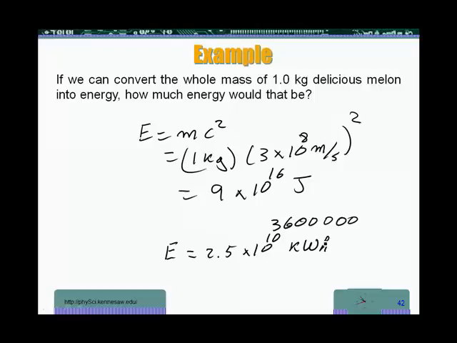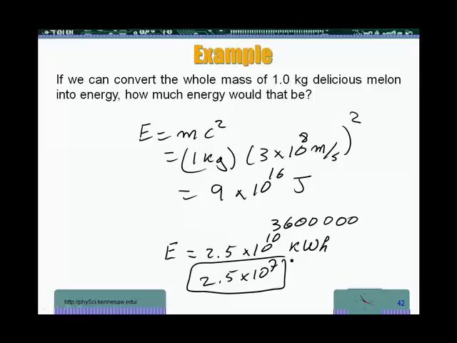We normally, here in the US, use something like 500, 600 kilowatt hours per month. Let's say 1,000 kilowatt hours per month. So if it is 1,000, that means this allows 2.5 times 10 to the 7 households to have electricity every month.